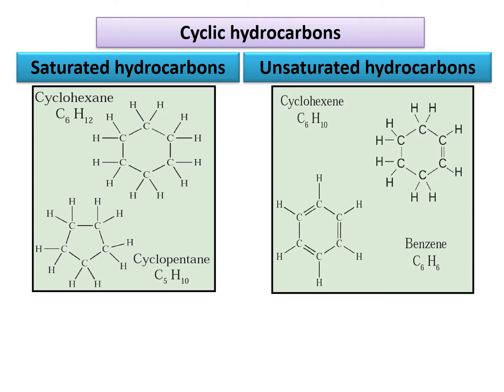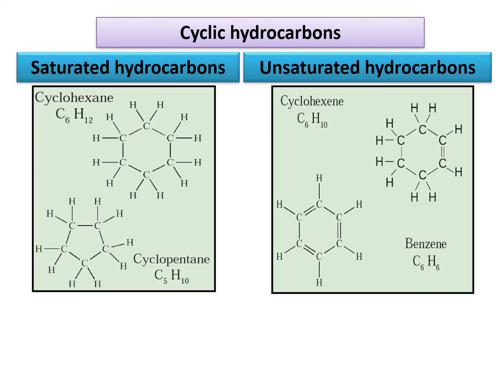Whereas in unsaturated hydrocarbon, we have cyclohexene, which has only one double bond between two carbon atoms. But when we come to benzene, benzene is C6H6. It has alternate double and single bonds between the six carbon atoms: double bond, single bond, double bond, single bond, double bond, single bond.